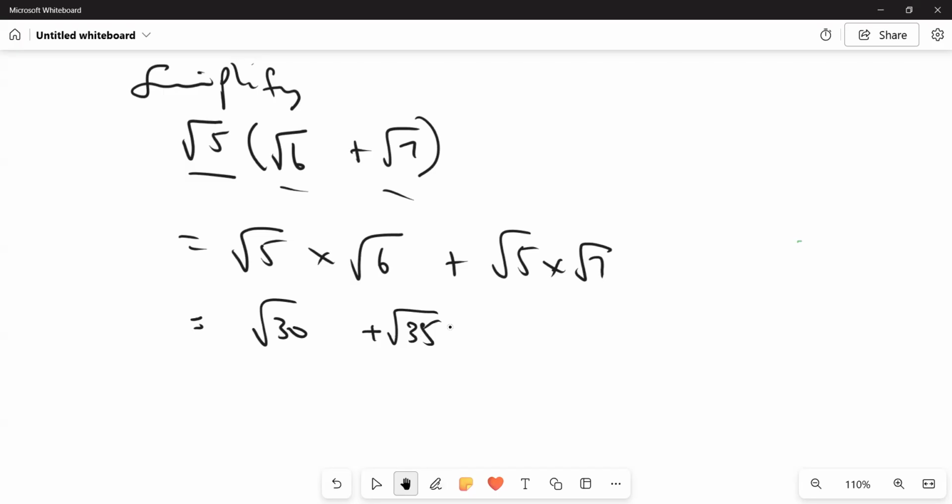I don't think that there are any factors of 30 or 35 that's a perfect square, so you might have to just leave that the way it is. Maybe in another one you could have simplified a little more. Maybe you'll see one like that someday.